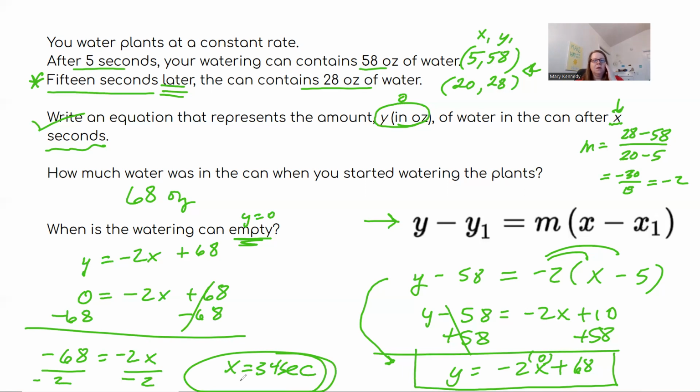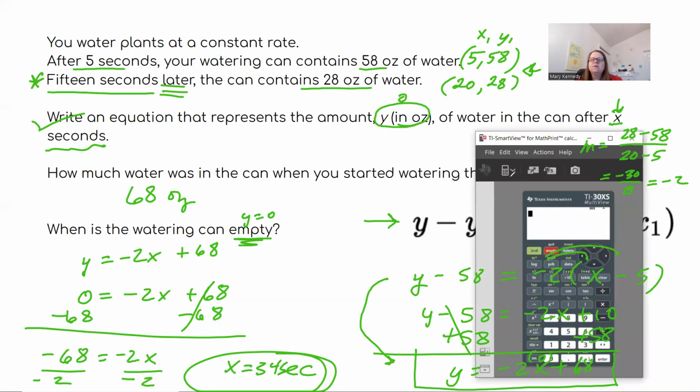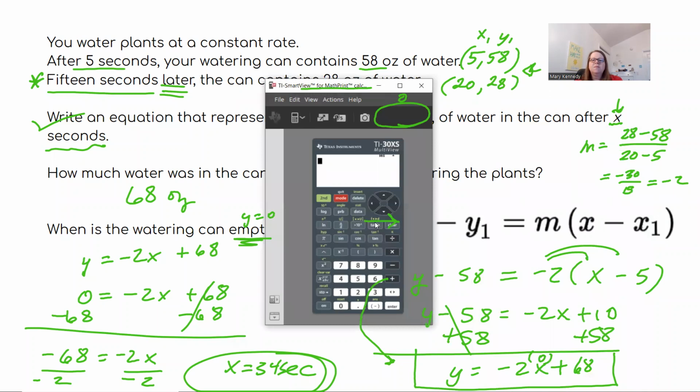So interesting. I want to show you on a calculator here, and I know this is going to be covered up tremendously. I'll erase some of this in just a minute. Some calculators will do a table for you, and it shows it nicely. So I'm going to put in our equation, y equals negative 2x plus 68.